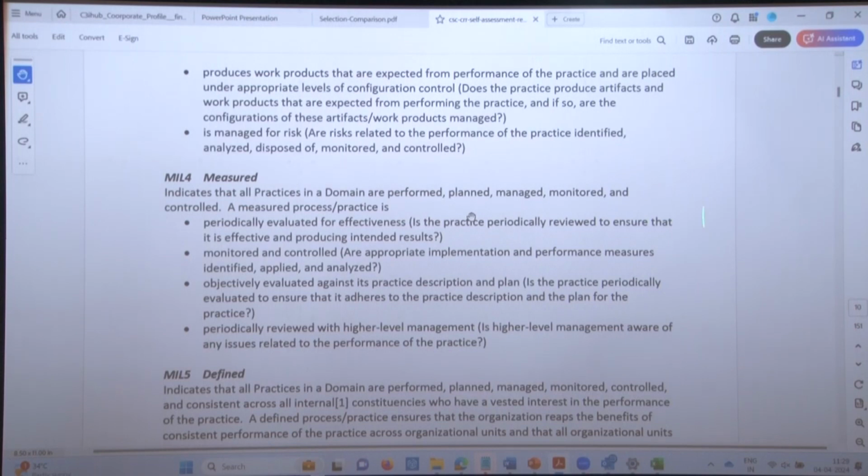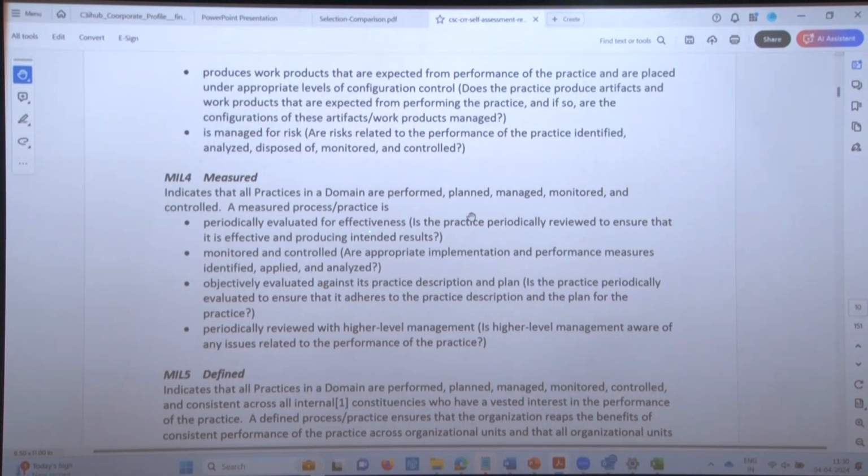At least I am not aware that we measure its effectiveness, whether it actually produces what it is supposed to produce, that is the price discovery. So if you can say that all the practices are not only performed, well planned, managed, governed, but also monitored and controlled, this monitoring and controlling is what comes here, measured.